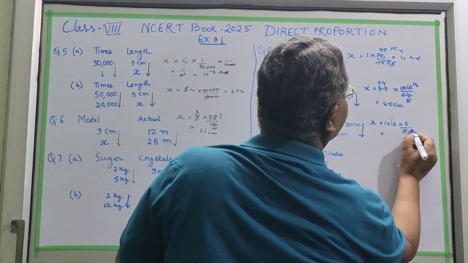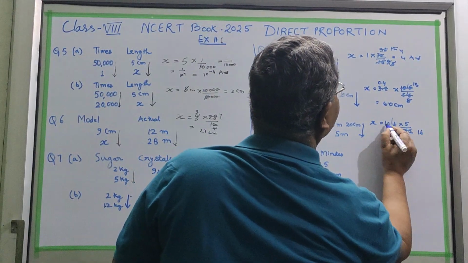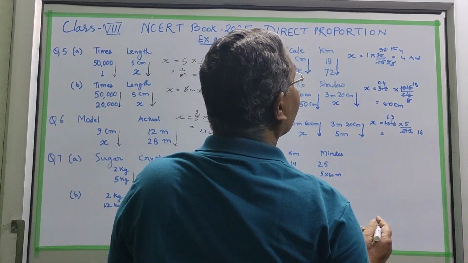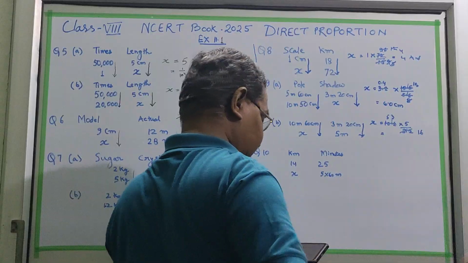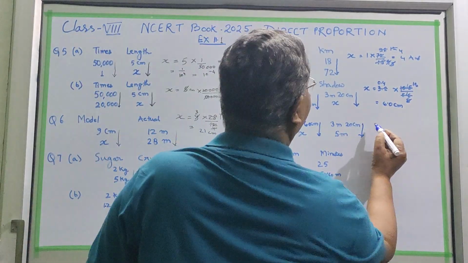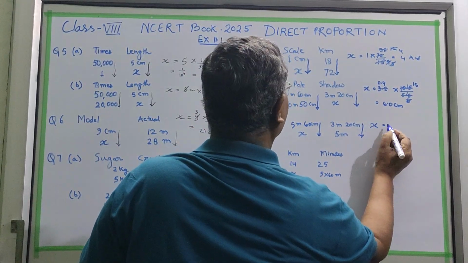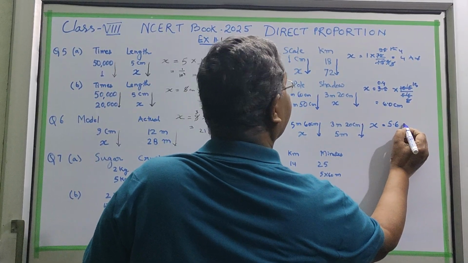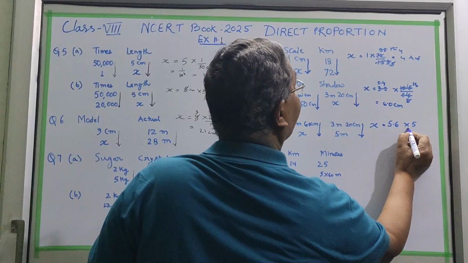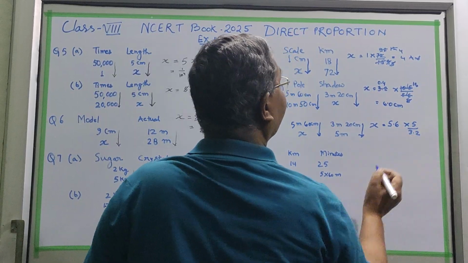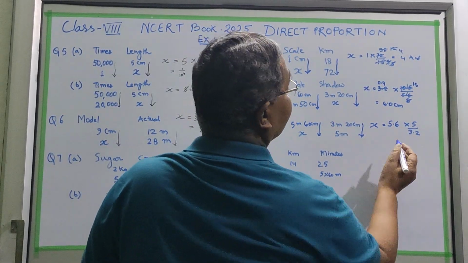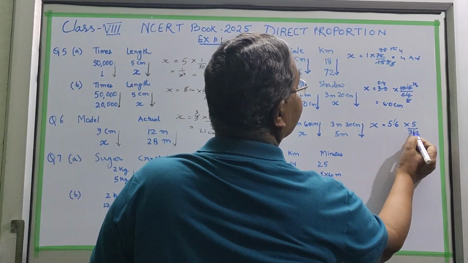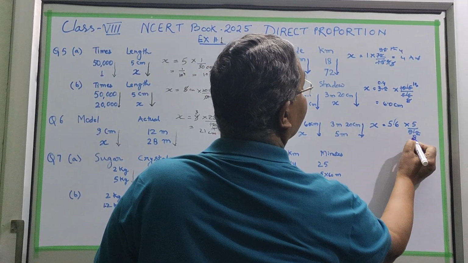So here x equal to 5.6 into 5 upon 3.2. So the point we will remove, and 4 8s are 32.